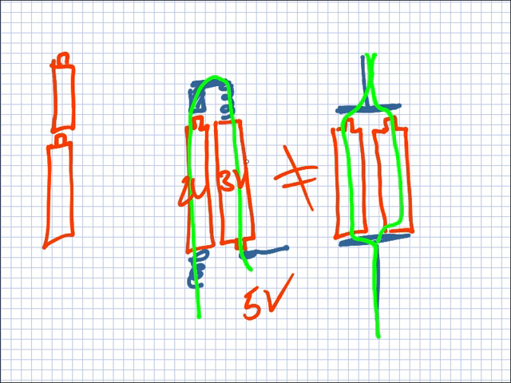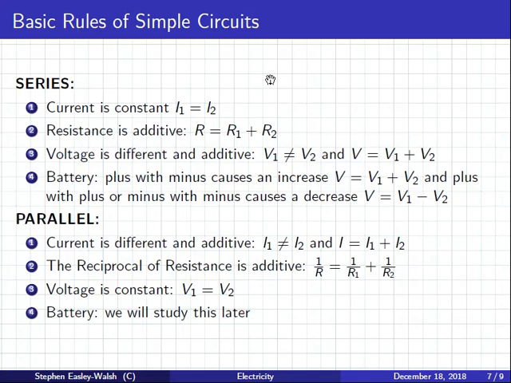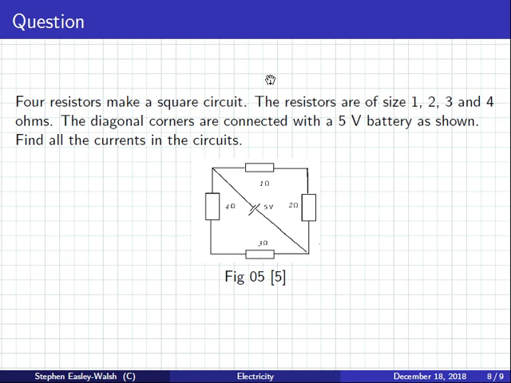Sometimes they are different. If you have a new battery and an old battery, both 1.5, maybe the new one is 1.5 and the old one is 1.49. So they can be different. But usually you buy the same battery, both new, and you put them both in. They're both the same. Okay, continue. We'll do an example.